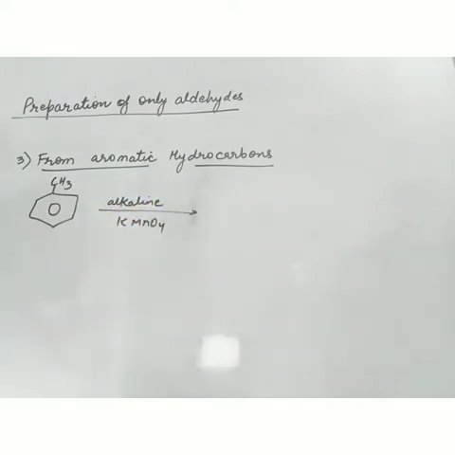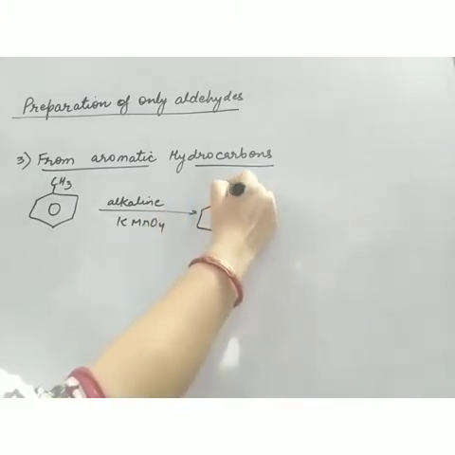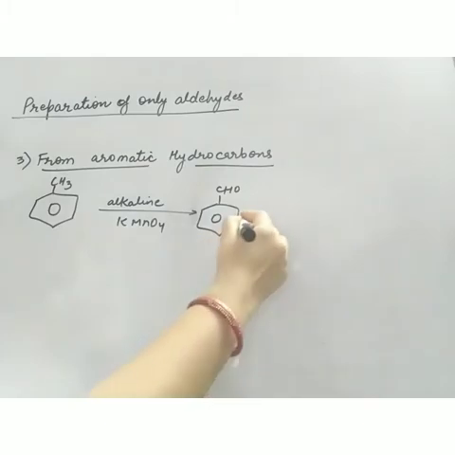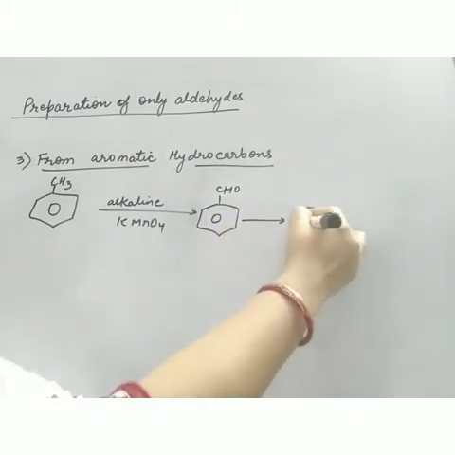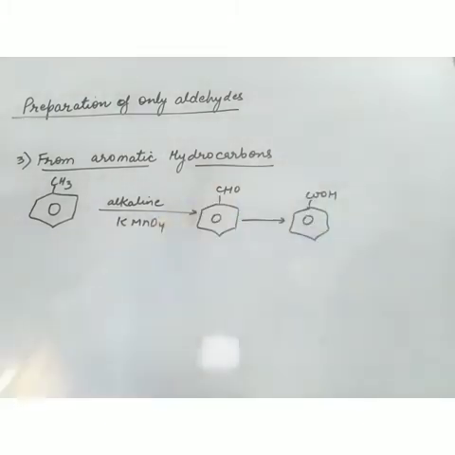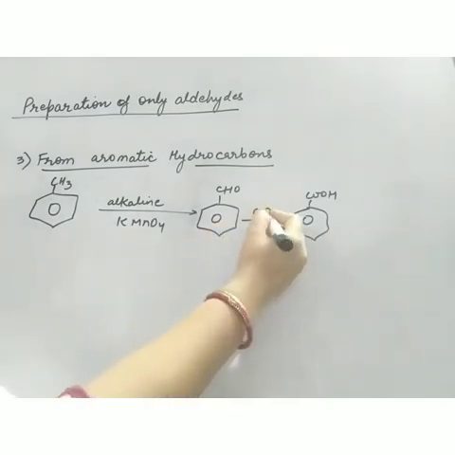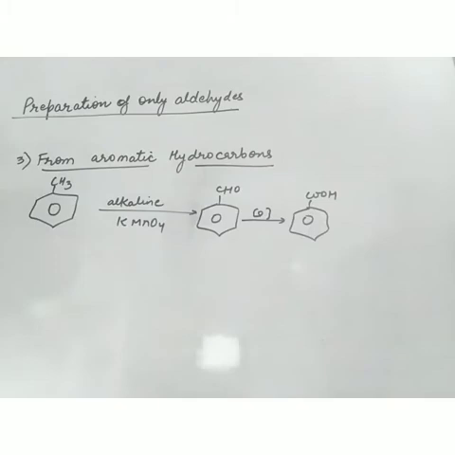First of all, I will get aldehyde, and this aldehyde is further oxidized to carboxylic acid. The reaction continues, and finally we get this acid as the product. So if toluene is oxidized with KMnO4, the final product which we will get is acid.